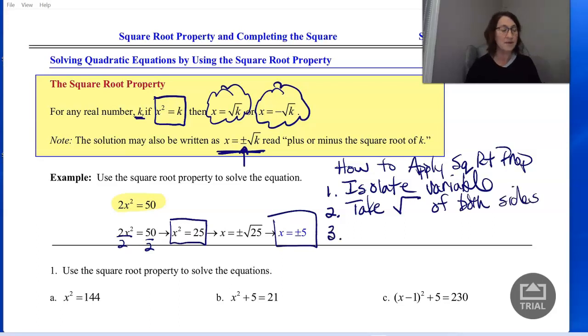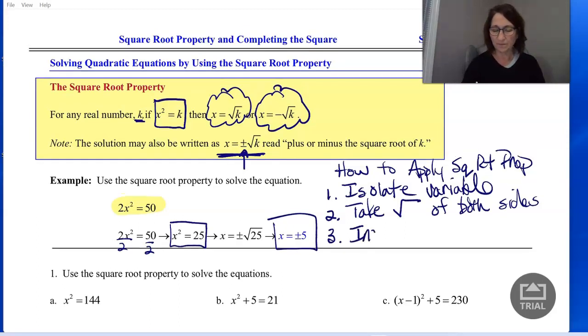Then number 3, you are going to include both the positive and the negative roots. Both the positive and the negative roots.